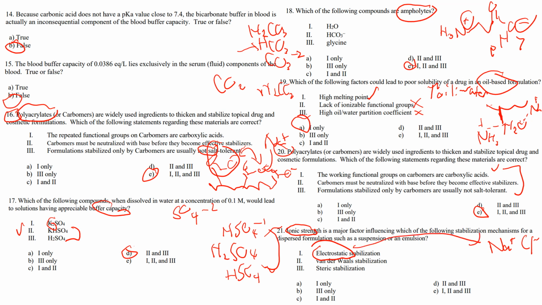Van der Waals, you wouldn't get that. Van der Waals interactions would be like alkanes, with those weird temporary changes in charge between them, so it wouldn't be that. And then steric stabilization, well, these are really small ions, right? This sodium, this chloride, these aren't going to have steric hindrance to stabilize them. So the answer is actually A only for this one.